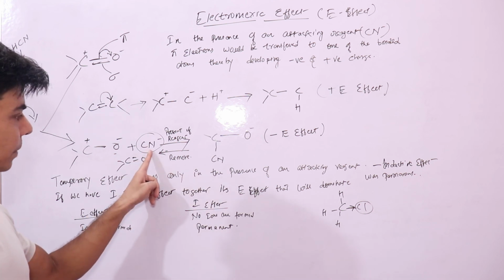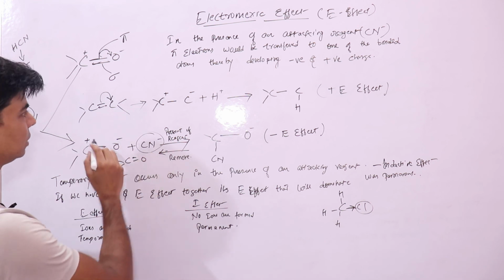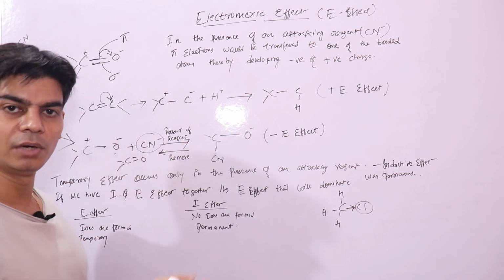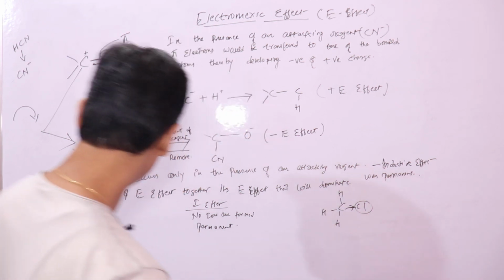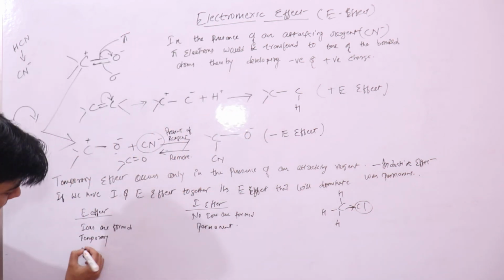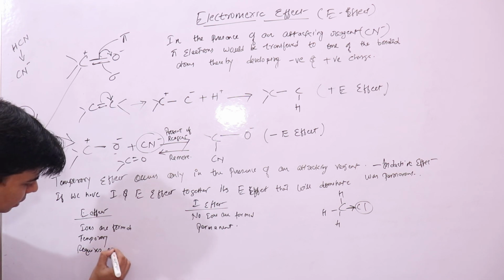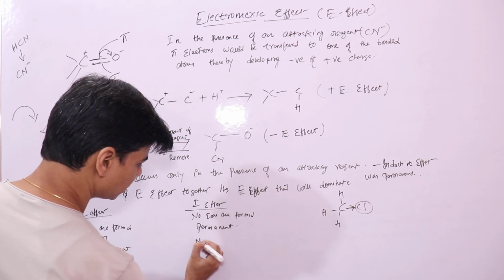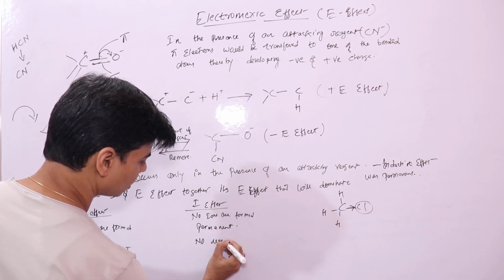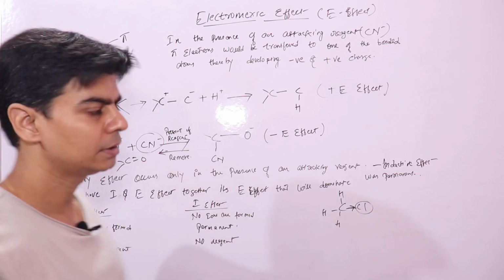For example, only in the presence of hydrogen cyanide that has supplied cyanide ions, these pi electrons will move towards one of the atoms. So this effect takes place. This requires a reagent, whereas no reagent is required in the inductive effect. I hope this is clear. Thanks.